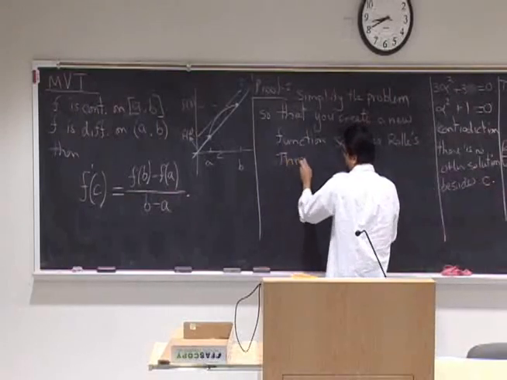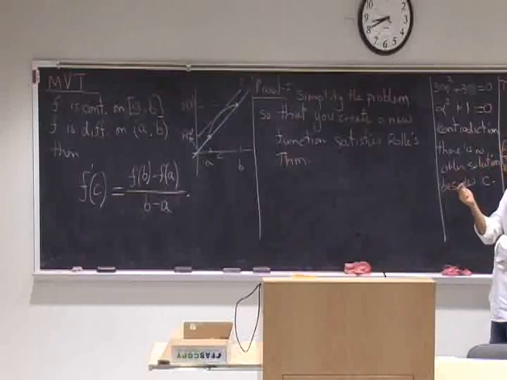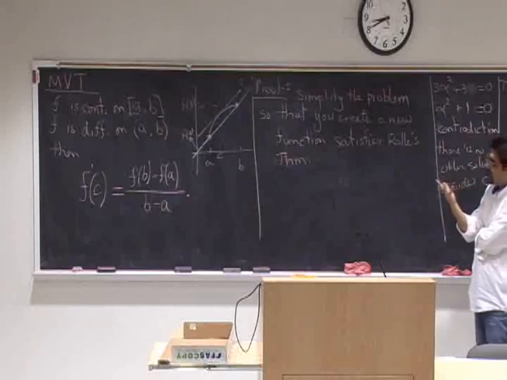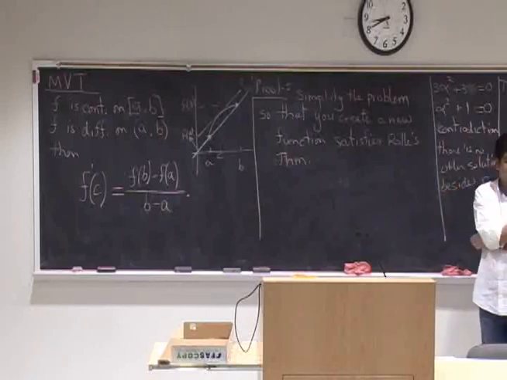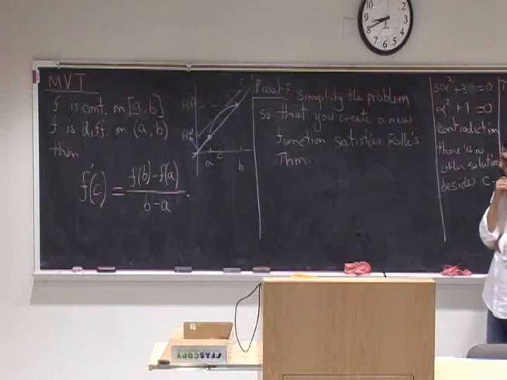That's the approach for proving the mean value theorem. You're working with a function f, and using that function, create another function that satisfies Rolle's theorem, and then use Rolle's theorem to conclude the result.